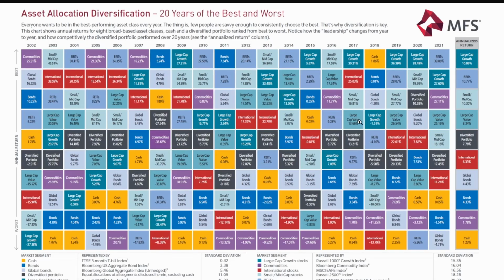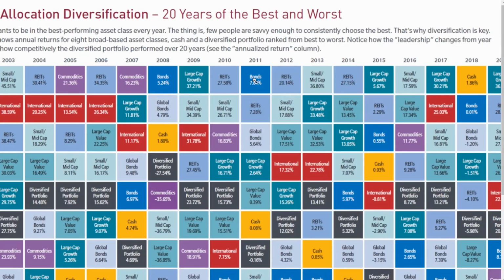So there is kind of a rhyme and reason here, but if you're going to try to cherry pick just one year, there's no saying what could actually be the best, because you can see it's all over the place. Just like in 2018, cash was the best investment. 2021, REITs were the best. 2020, large cap stocks. 2016 was small cap. 2011 was bonds.